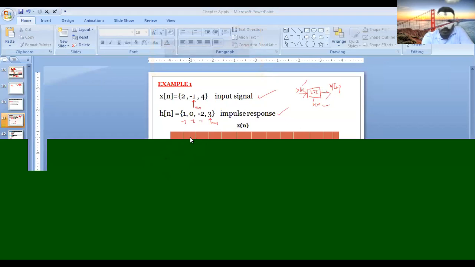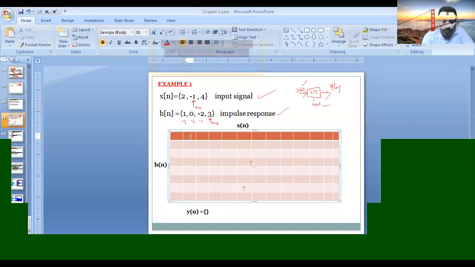So input is given. So we are going to write our input here. So what is the first value of input? 2 here, right? Then minus 1. Next value of input is positive 4. So I'm writing input on the horizontal.